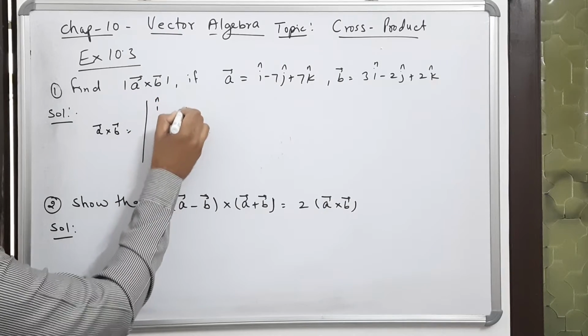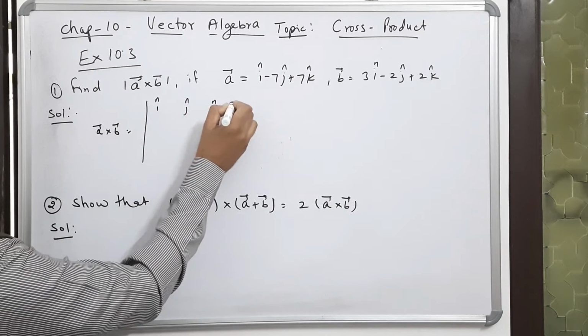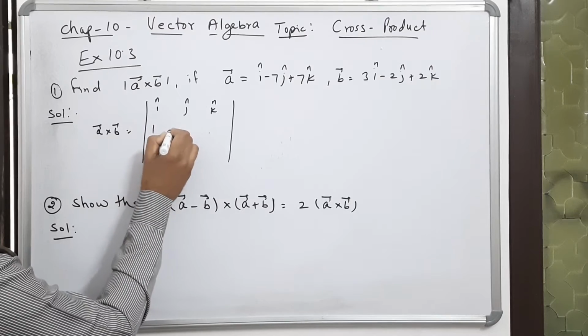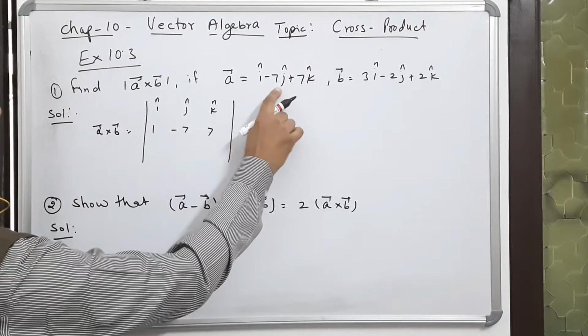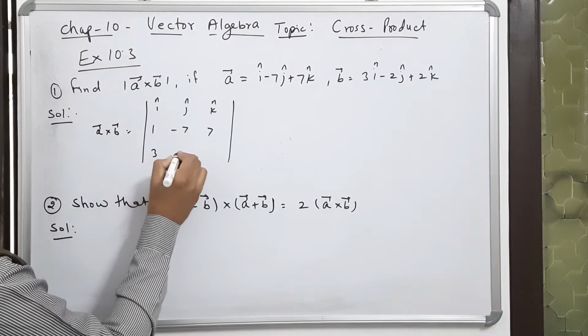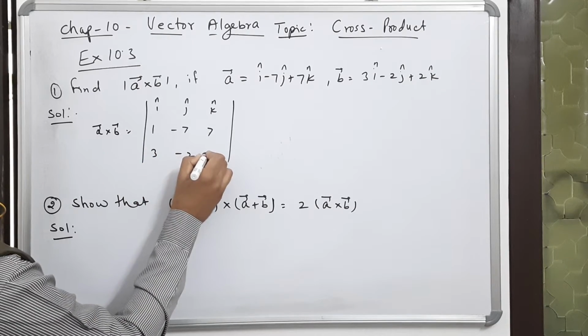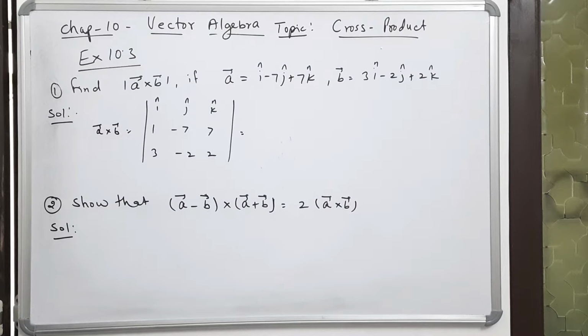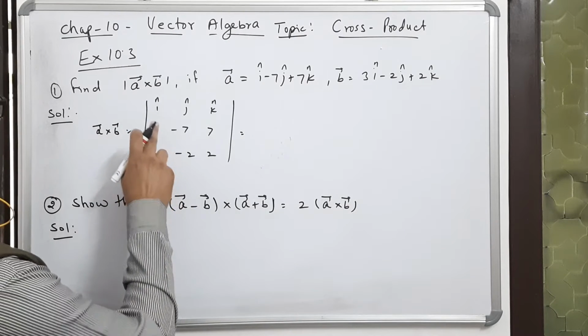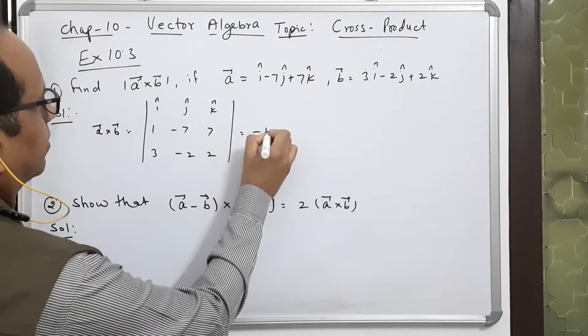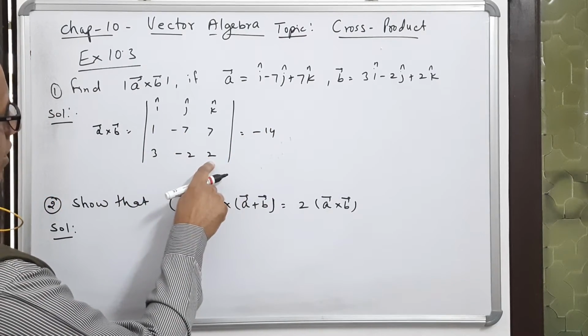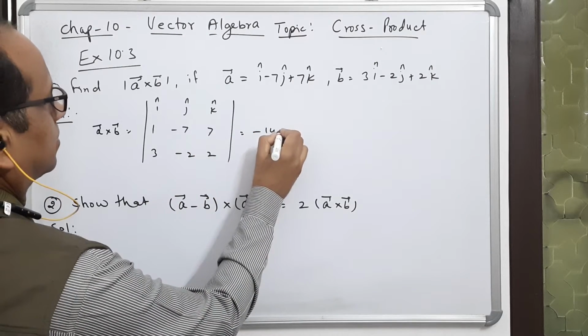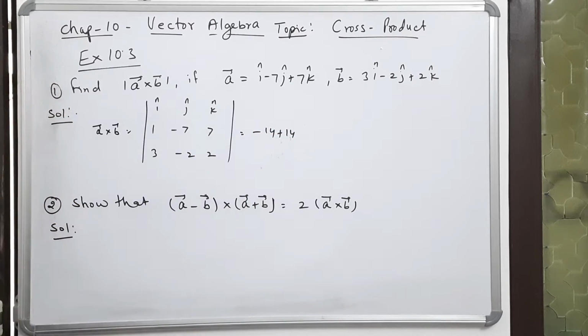I cap, J cap, K cap, and it is 1, minus 7, 7, 1, minus 7, 7, and 3, minus 2, 2 in the IJK system using the property of the vector. So it is minus 14, this is minus 14 plus 14, I cap.